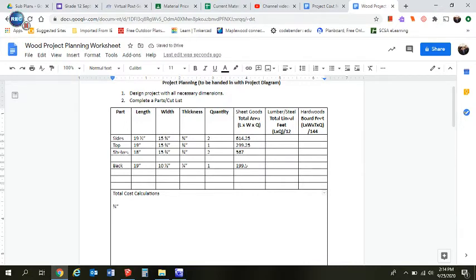So we've got 614.25 plus 299.25 plus 567, and that's going to be 1480.5. And what is that in? That's square inches.